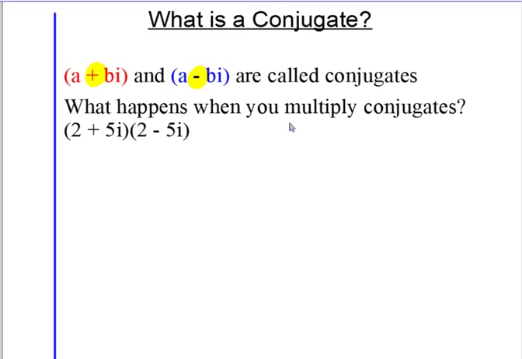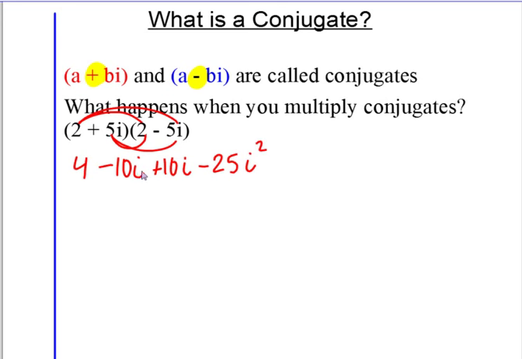So what happens when you multiply conjugates? Well, let's try that. 2 times 2 is 4. 2 times negative 5i is negative 10i. 5i times 2 is a positive 10i. And 5i times negative 5i is negative 25i squared.